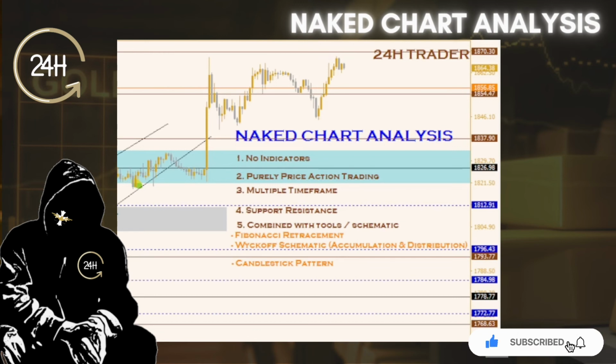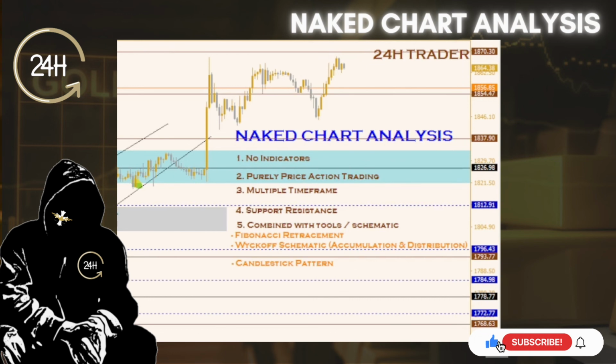Naked chart analysis, let's sum it up. Number one is no indicators. Number two, it's purely price action trading. Number three is multiple time frame analysis, combined with the rules of 30: the monthly time frame, the daily time frame, and the 1 hour time frame. Then I use support and resistance.